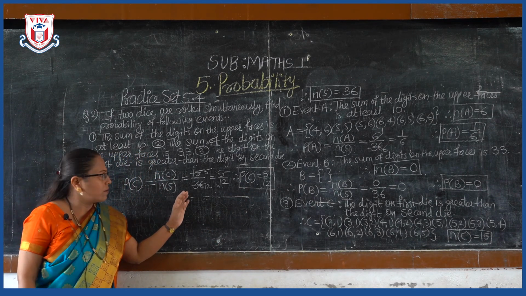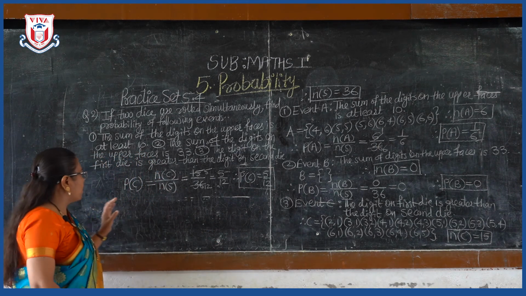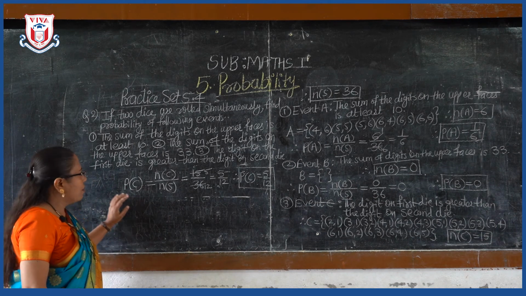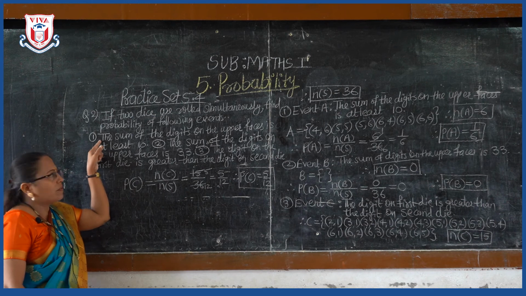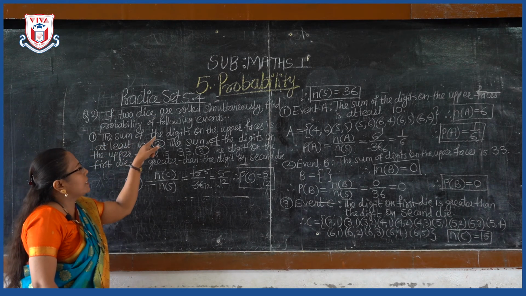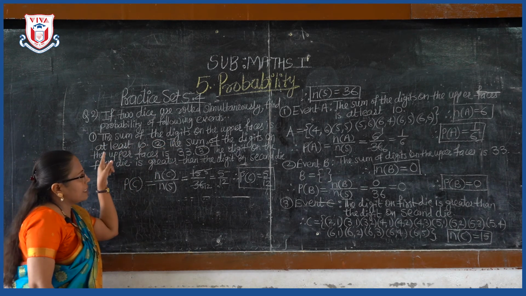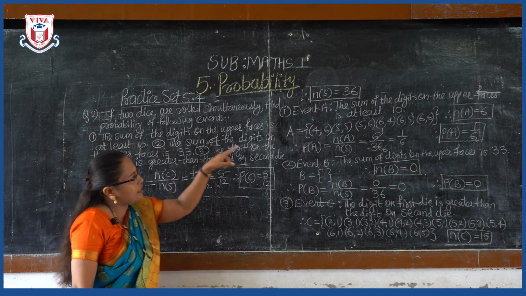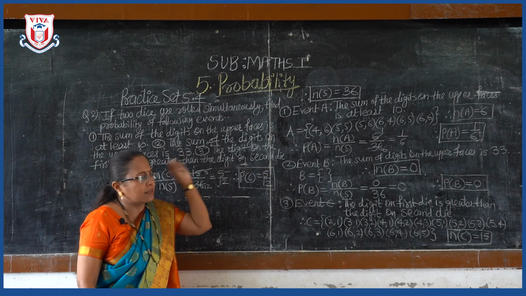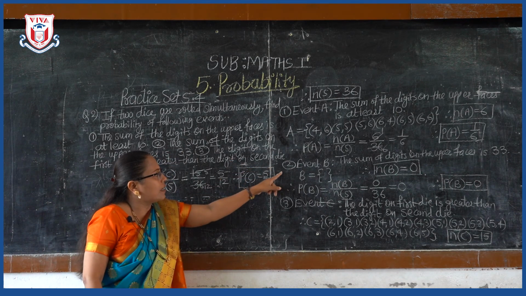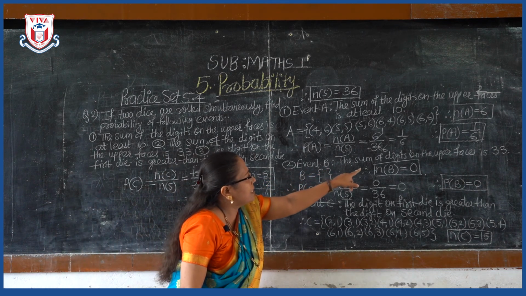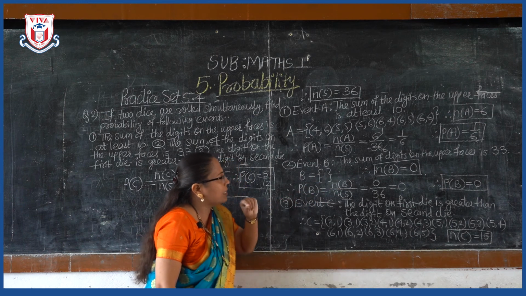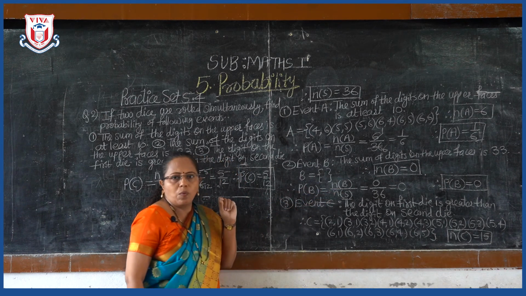Understood how to find out the probability, and then write down answers in statement. First answer, probability of the sum of the digits on the upper faces is at least 10 is 1 upon 6. Second answer, probability of the sum of digits on the upper faces is 33 is 0.